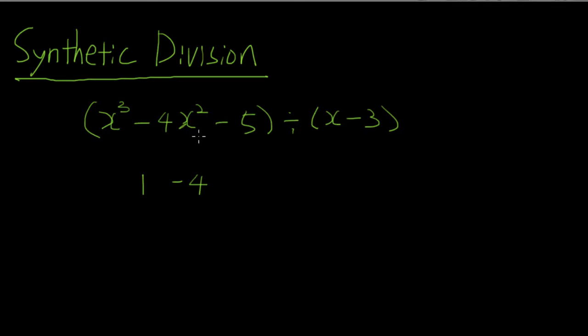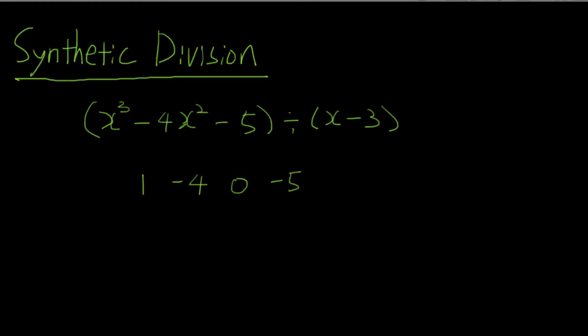What do we have in place of the x term? Well, remember that we don't have an x term here. We have x to the third, x to the second, but we don't have an x term. So for the x term, we're just going to write 0. What about the number term? We have the number term as negative 5.